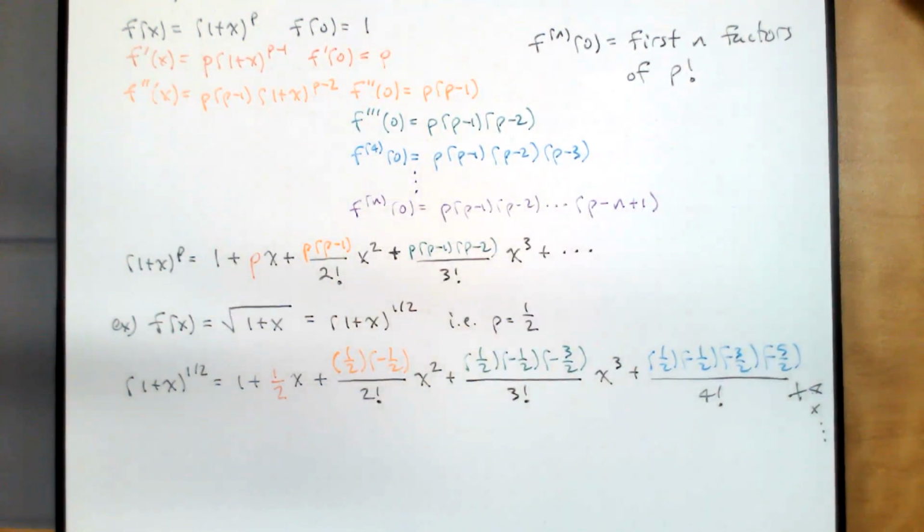So in general, the nth derivative will stop at p minus n plus 1. The other way to think about that is we start the counting. We have 4 factors, but we start the counting at minus 0. So minus 0, 1, 2, 3. So even though there are 4 factors, the last one has a minus 3 attached.